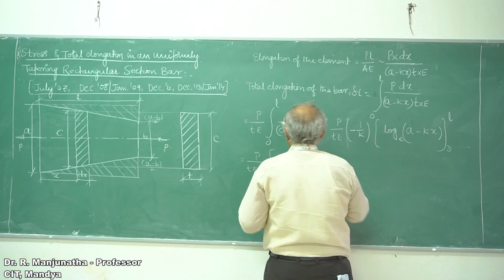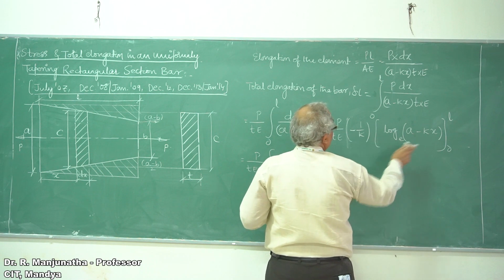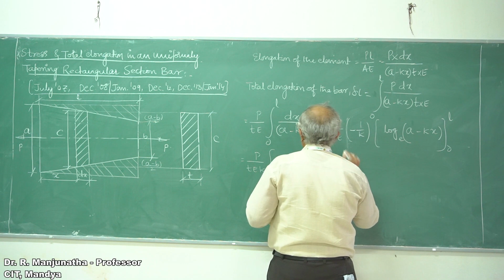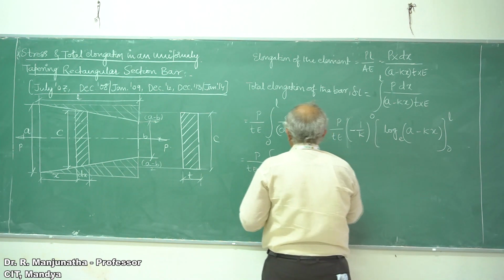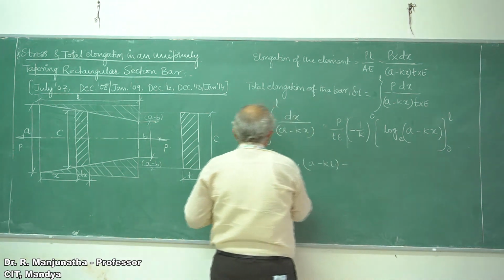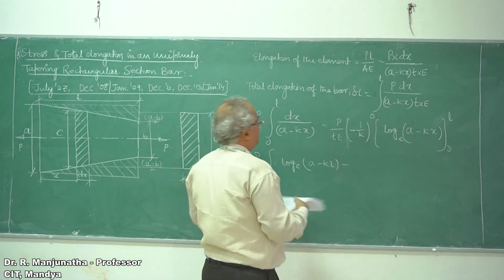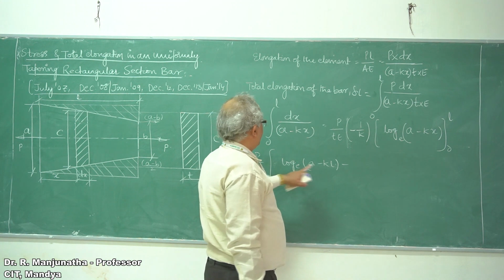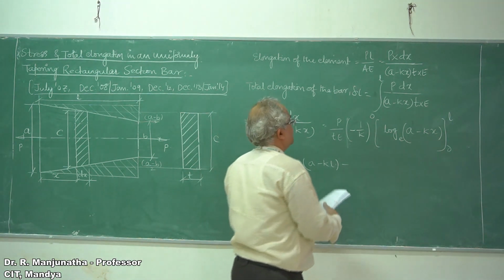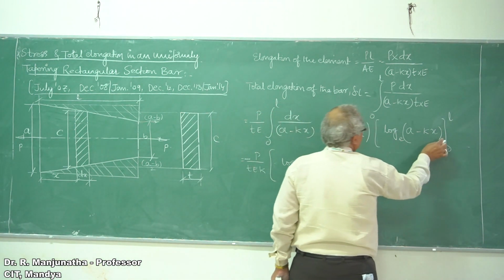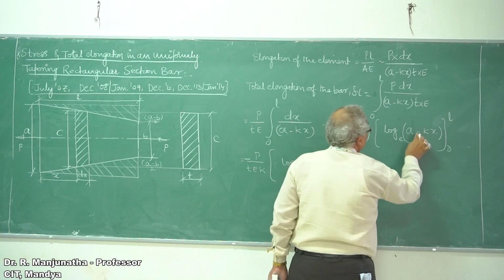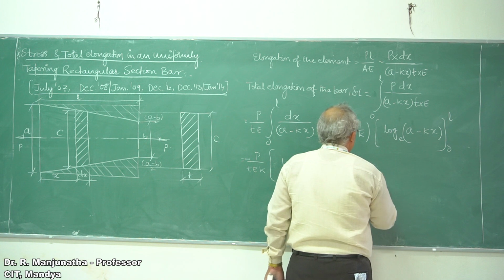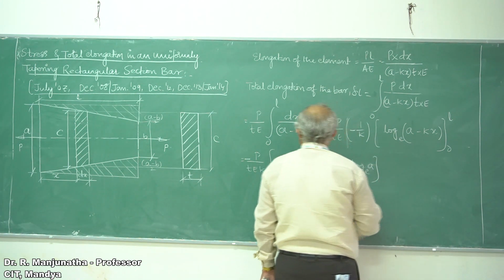Here we have a minus. For the upper limit, first we are going to take the minus outside. So this will be equal to log of A minus K into L to base e, minus. Now we are applying the lower limit. This term becomes 0, so that is minus log A to base e.